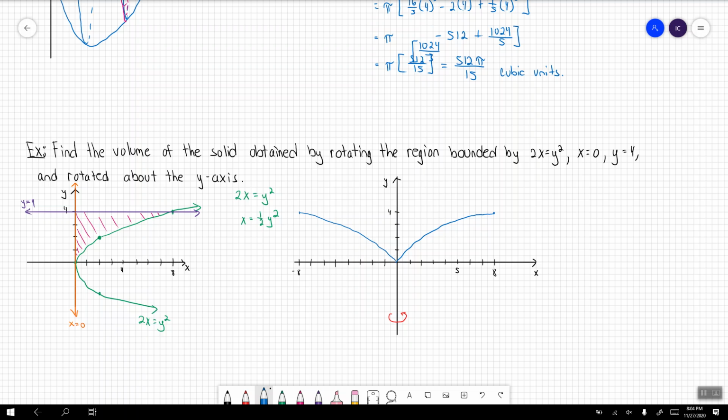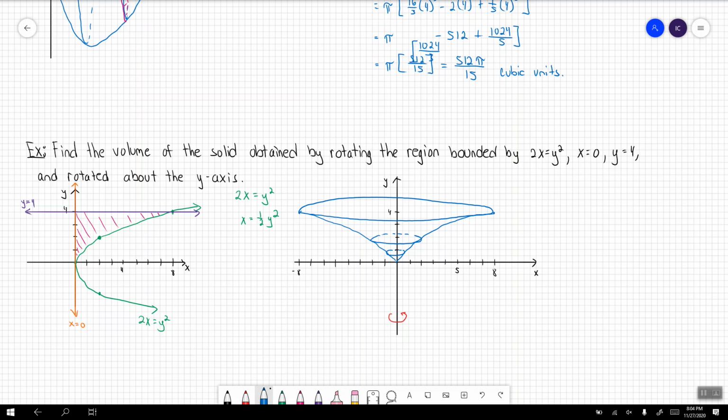As such, rotating about the y-axis will then create this circular figure at the top, and therefore it's going to create these circular portions here as well. So this is the volume that we're trying to find.